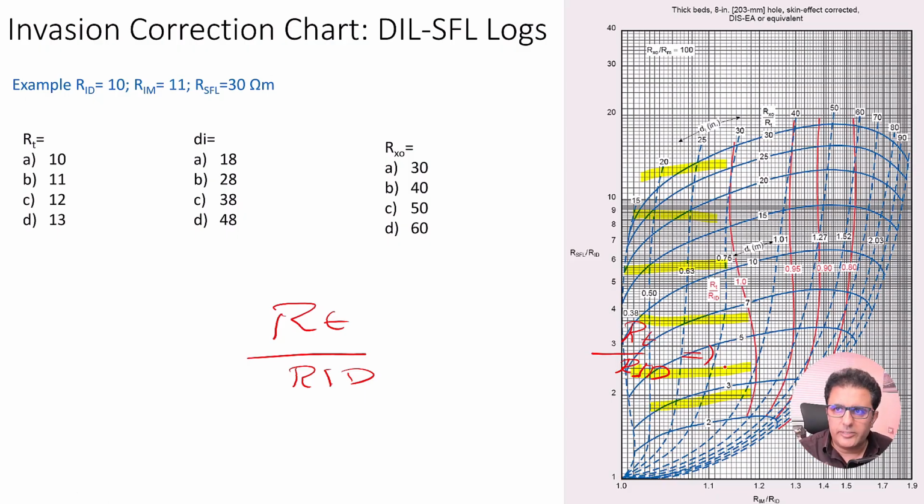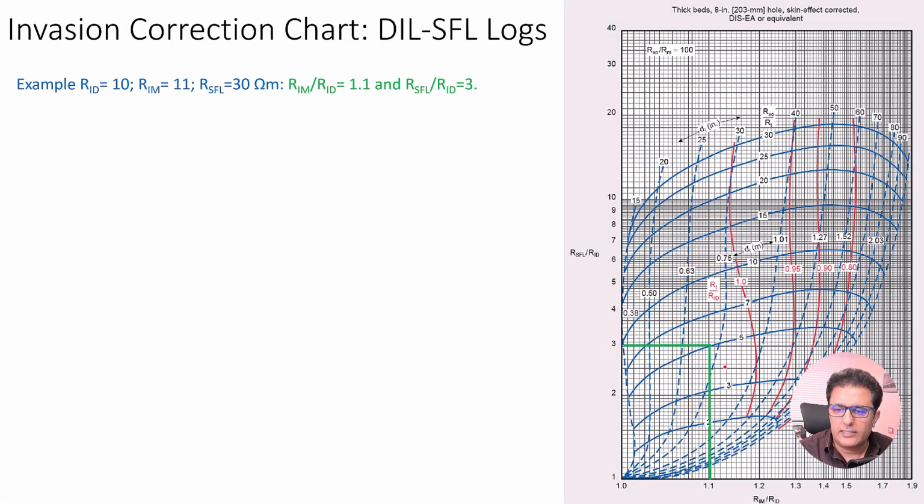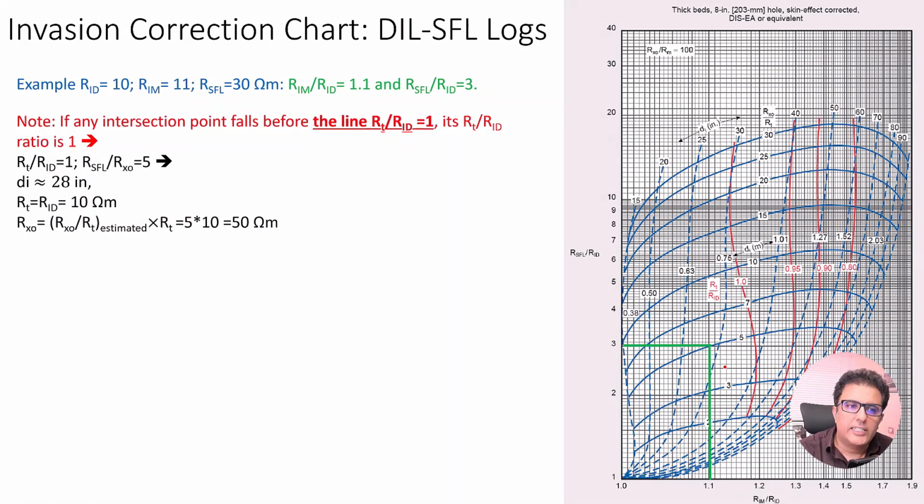Okay, let's do this example. If you look at it here, RT is 10, RID is 28 inch, and RXO is 50. Here the intersection falls here, and I read the value of RT over RID as 1, because the intersection falls here.